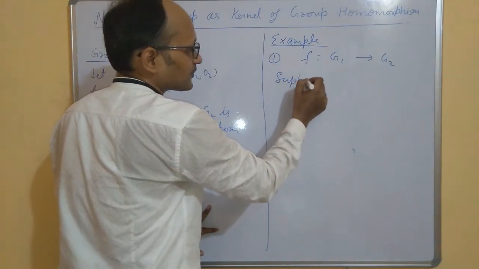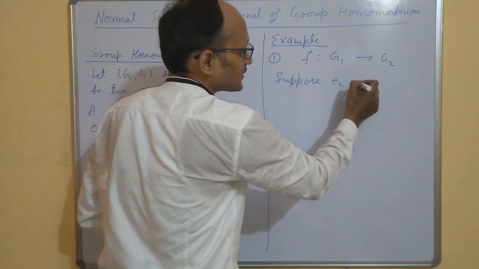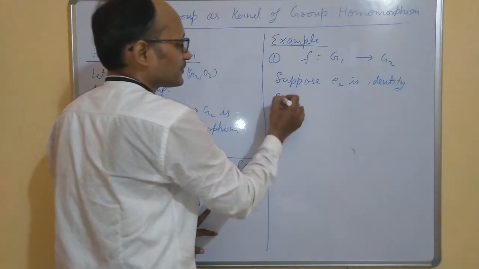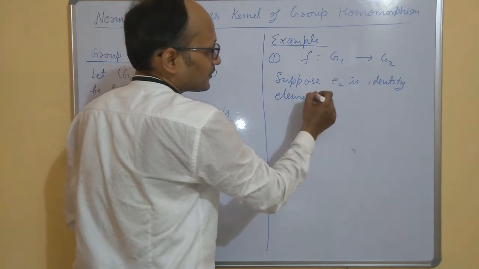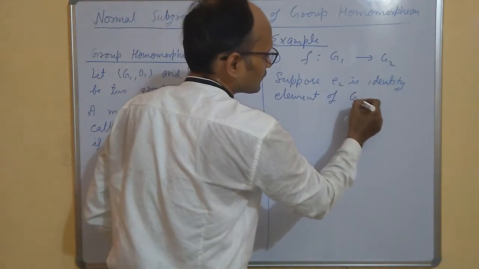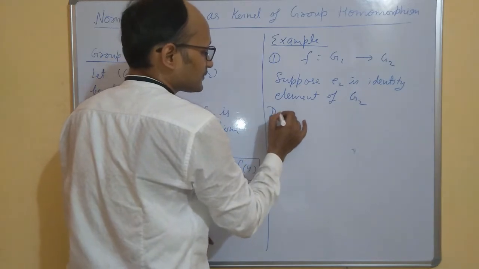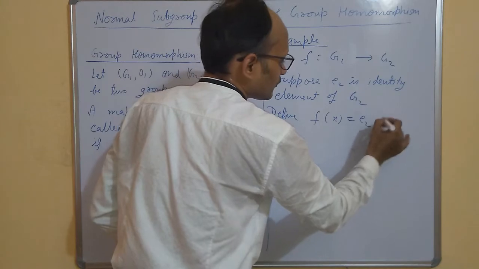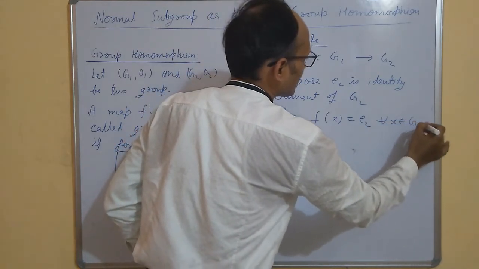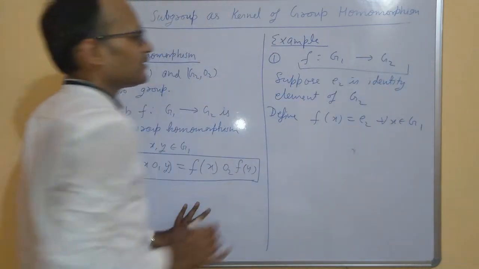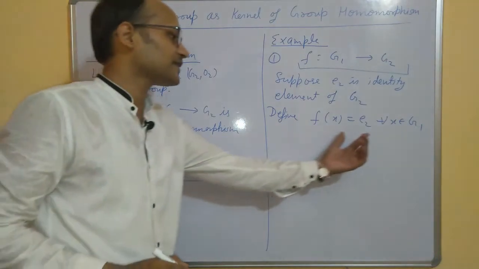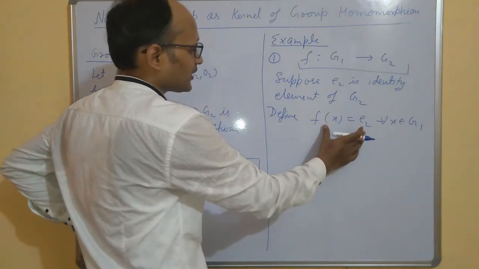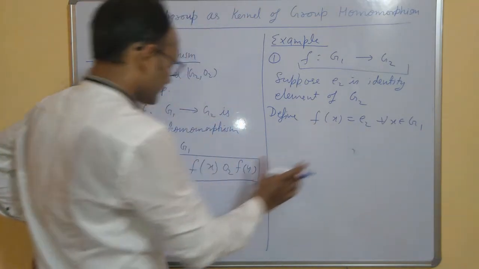Define f(x) to be E2 for all x in G1. So I have defined a map f from G1 to G2 such that f(x) is equal to E2 for all x in G1, so it is actually a constant map, and you can easily see that it will satisfy this property.